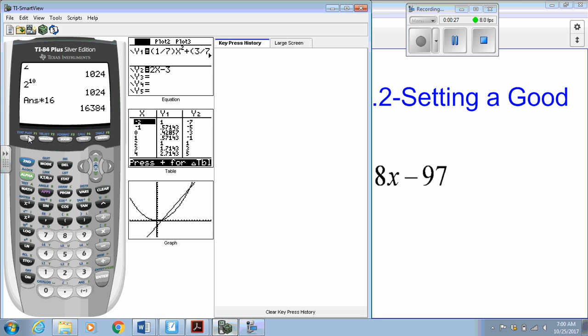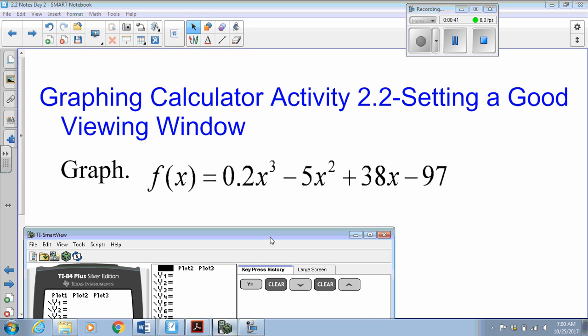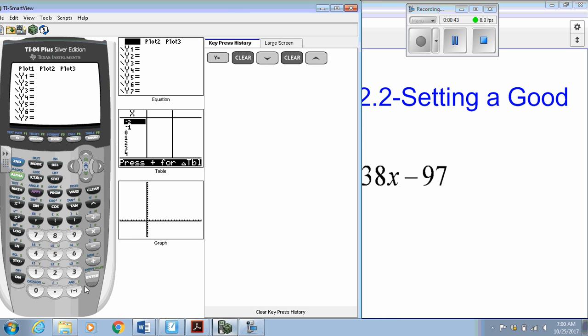Then here you're going to go to y equals, so then you have your graphing calculator up and you can be working on that one. Here we're going to clear these. Okay, so our first one is 0.2x, and then we're going to go to the third power.